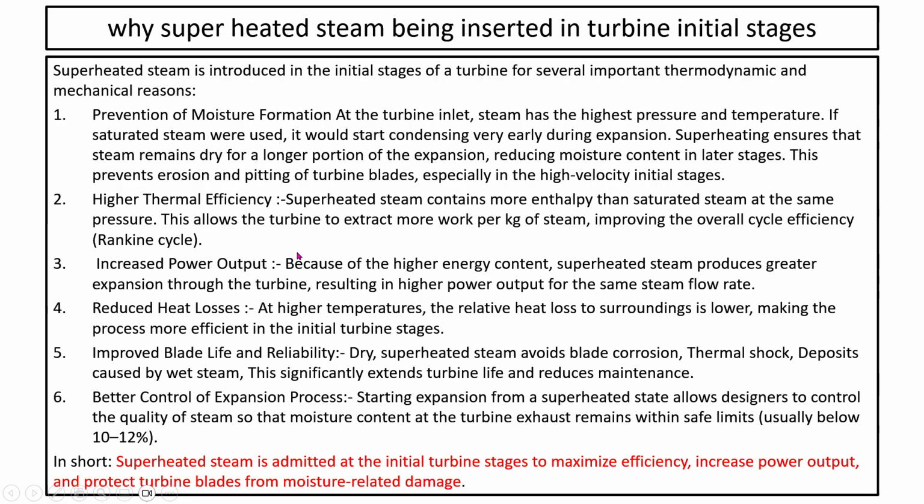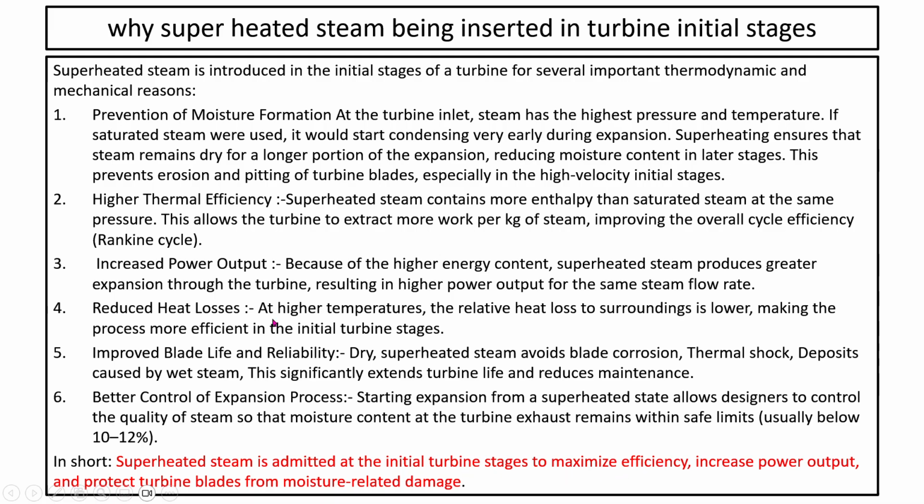Heat losses will also be very less. Then there is improved blade life and reliability, because there is no wet steam and no damage in the last stage of the blades, so the reliability of the blades will increase, and there is better control of the expansion process, because there is no water formation.